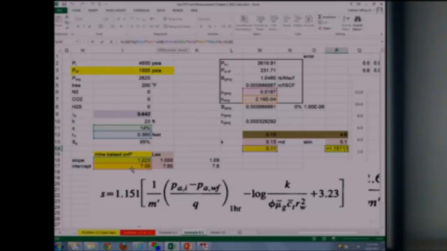Using my slope and intercept and my perm, I get a slightly smaller damaged area. I get 4.9 if I use these numbers right here. I did too. And the perm was, what do you get for perm? 4.1. Okay, and you get a different skin.